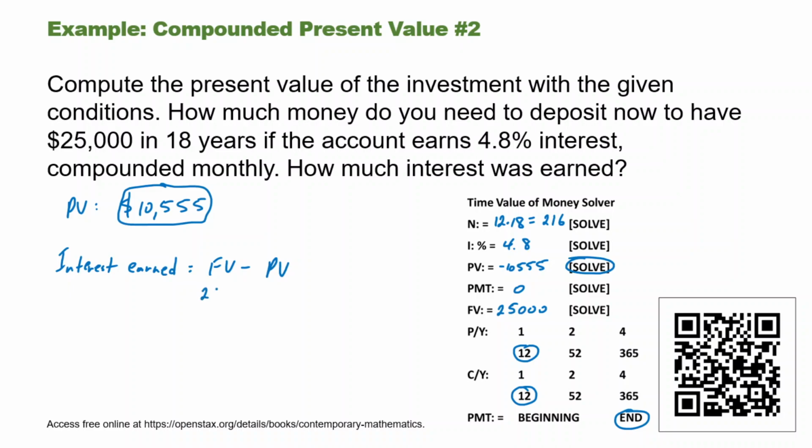Well, future value is 25,000. Present value is 10,555, so we'll subtract 25,000 minus 10,555. If we subtract those two, we find the interest earned is $14,445.